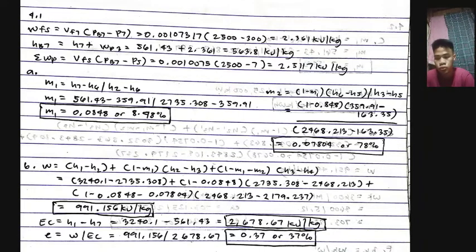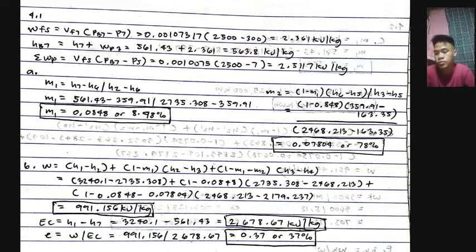Next, M sub 2. Formula of M sub 2 equals (1 minus M sub 1) times (H sub 6 minus H sub 5) over (H sub 3 minus H sub 5). Next, substituting it.